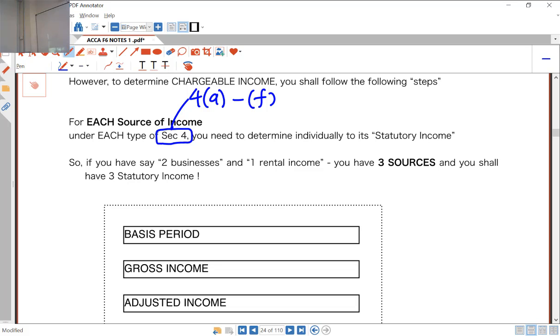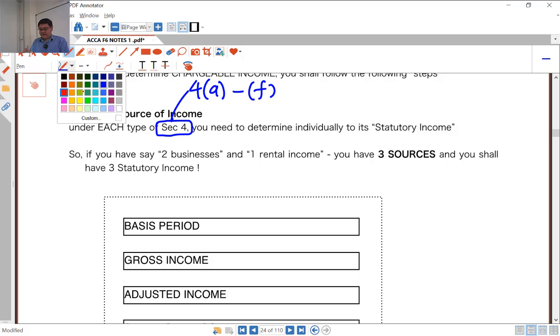For each type under Section 4, you have to determine each source of each type. Example, if you have 2 businesses, then you have 2 sources because they are different businesses altogether.